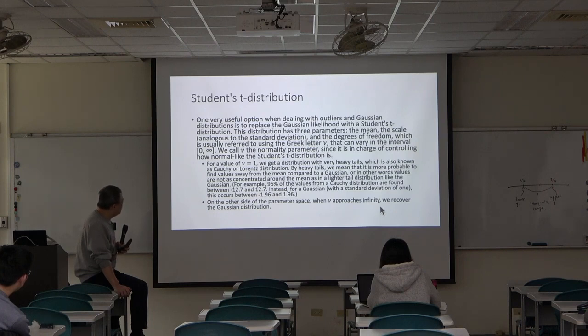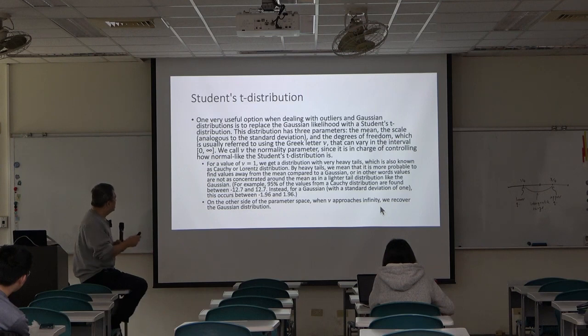This nu or v is called the normality parameter. Why do we call it the normality parameter? Because it controls how similar the t distribution is to a normal distribution. Keep in mind this nu or v is in the interval of 0 to infinity.